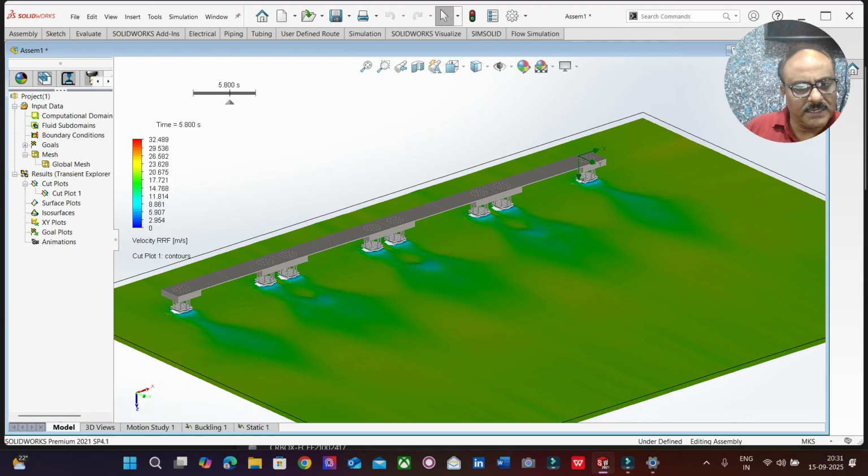We can also create a bed, and we can also assume that the terrain, the river bed, is going to be of this particular strata. It is going to be highly elastic, and on that there is going to be a pier wall raised from the pile. So you will have a pile.